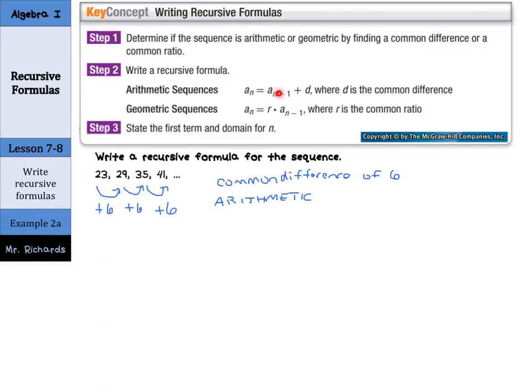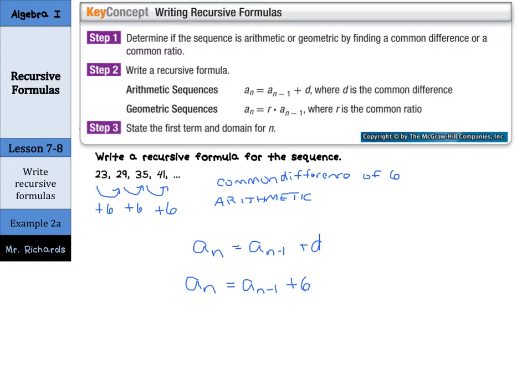Now, because of that, we're going to use this here. So we'll start just by writing a(n) equals a(n minus 1) plus d. So a(n) is going to equal a(n minus 1), and our common difference was 6. So when we finish this, to write this in the correct notation, we need to use our first term and the domain.